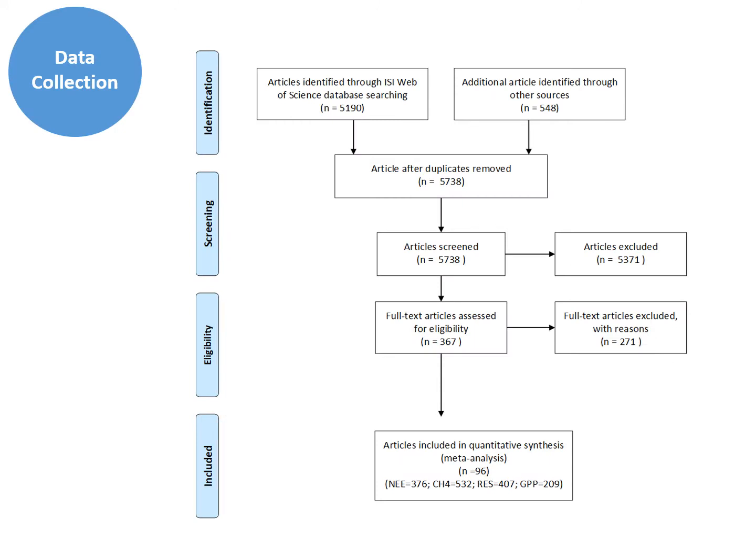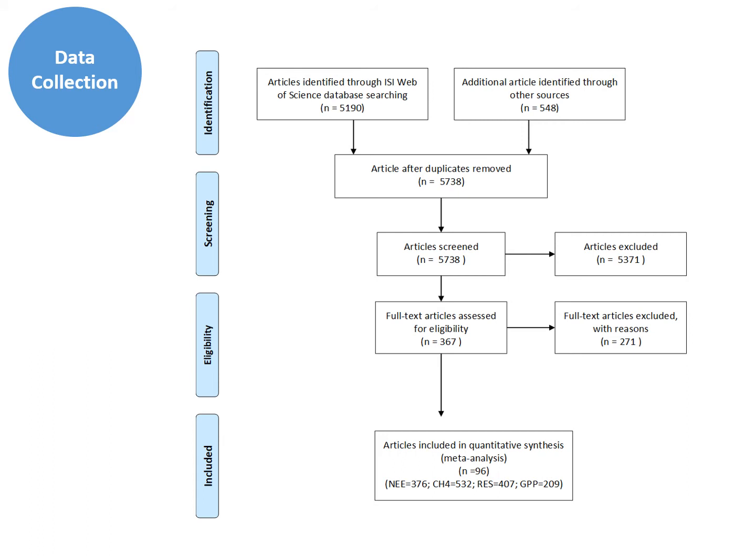We built our database of water table manipulation experiments through extensive searching of the literature and also through personal communications. We first identified quite a large number of potential sources for our study and excluded some of the studies that didn't fall into our criteria.